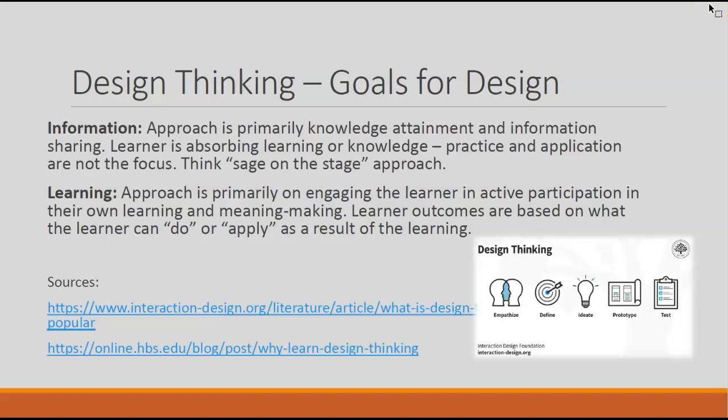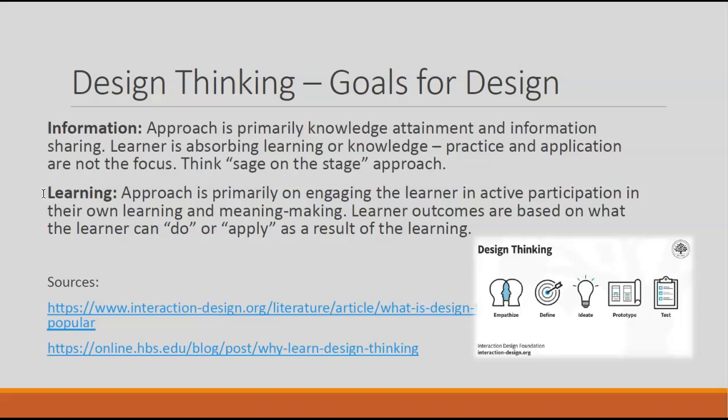Two things to consider today and this week as you do your learning in design thinking are the goals for the design. Please keep in mind that the learning experience design element is really to focus on the learning experience. Oftentimes, probably many of us in our own learning, we really learned in an information sharing approach, where knowledge is primarily gained through sitting there and listening to somebody talk to us. There's knowledge attainment and information sharing, but there's not a lot of doing. So what we really want to focus on in your practice this week and going forward is the learning experience, where you're engaging the learner in active participation in their own learning and meaning making.